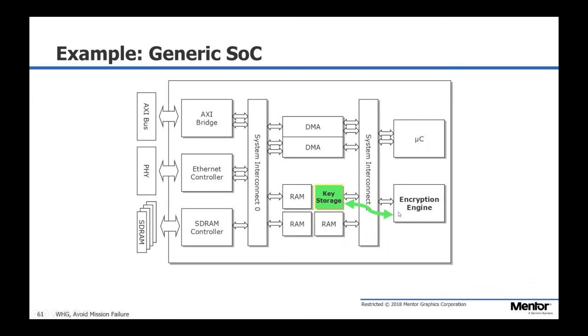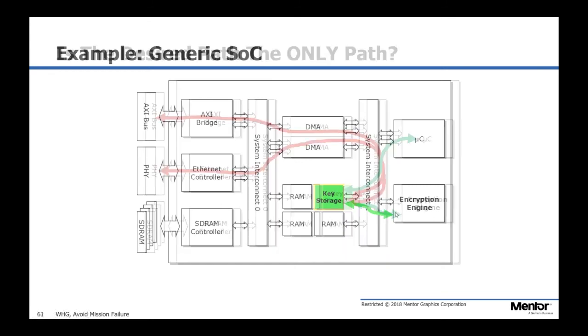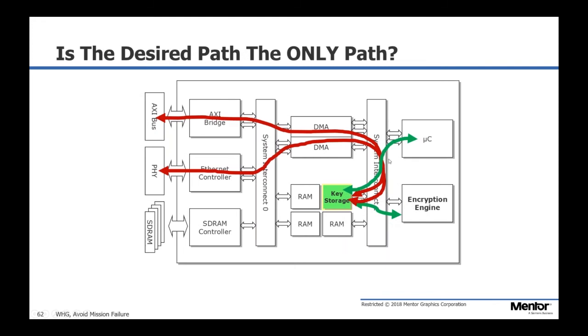Then that encryption engine will be able to access those keys and decrypt things via this path. So I've declared that these two paths are my legal paths of access to my encryption keys, but then SecureCheck will go through and do a hardware state space analysis.